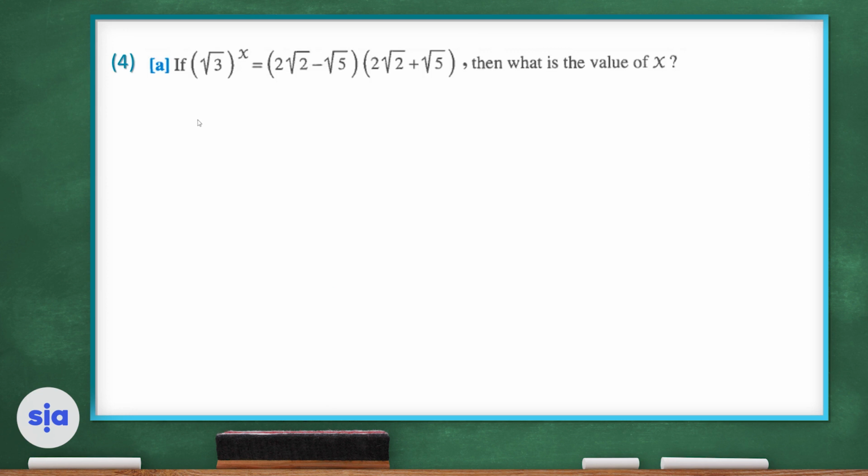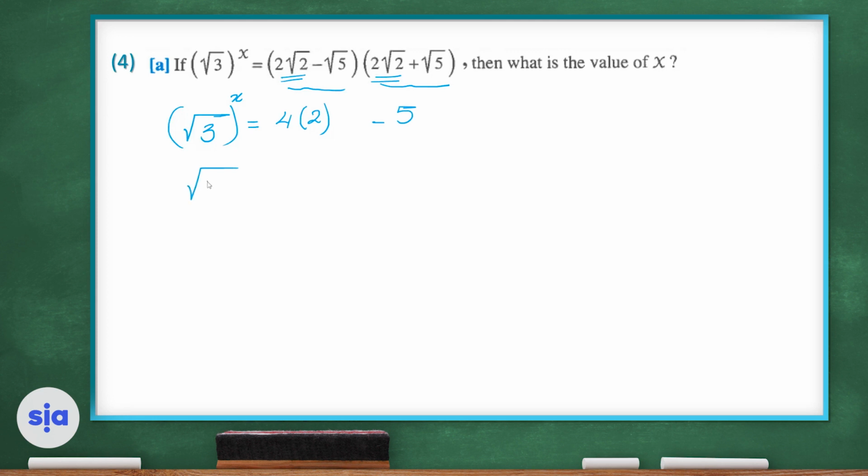If square root of 3 to the power of x equals these two brackets multiplied together, then what is the value of x? We work on this part. The left hand side, we keep it as it is, and as you can see here, these two brackets are conjugates, so to multiply them, 2 root 2 times 2 root 2 will be 4 times 2, minus root 5 times root 5 is 5.